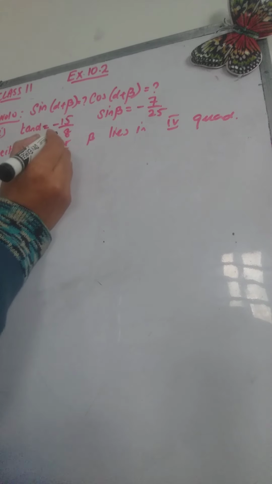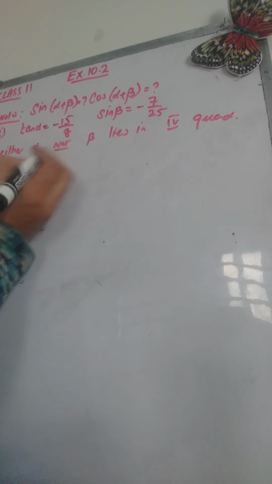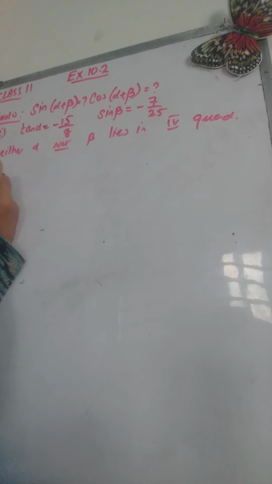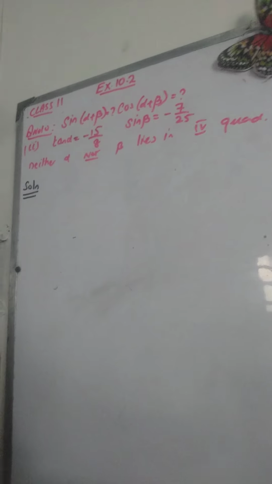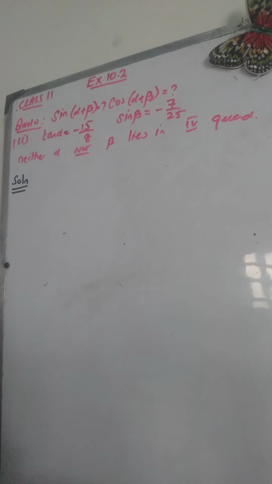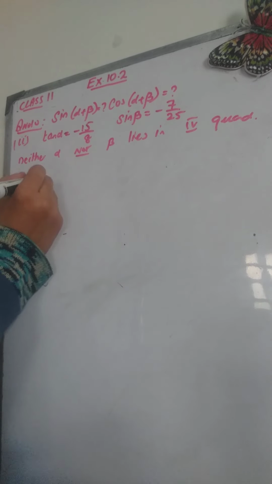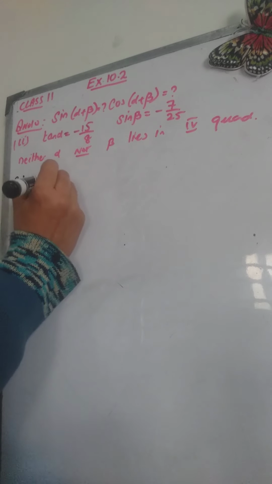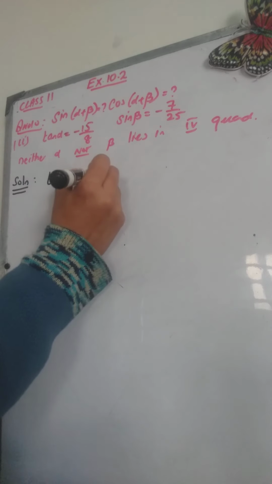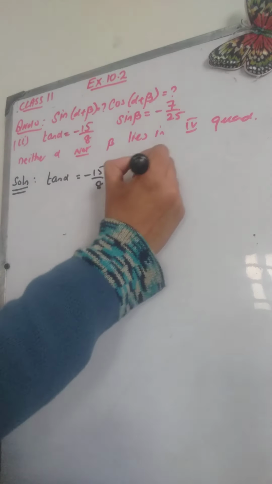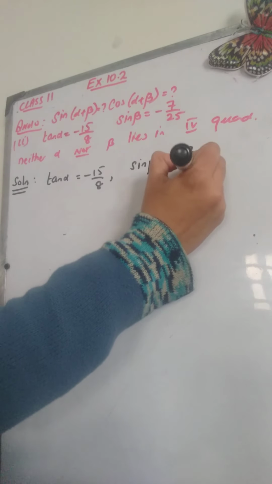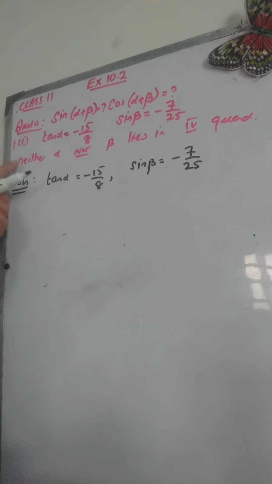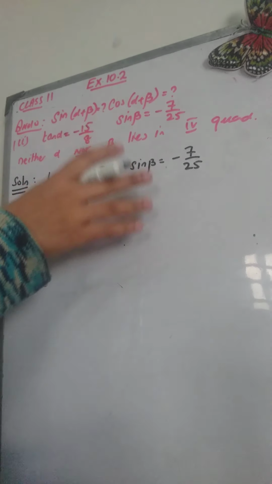They have given us tangent alpha equals negative 15/8. Solution: tangent alpha is given to be equal to negative 15/8, and sine beta is given to be equal to negative 7/25, and it is given that neither alpha nor beta lies in the fourth quadrant.